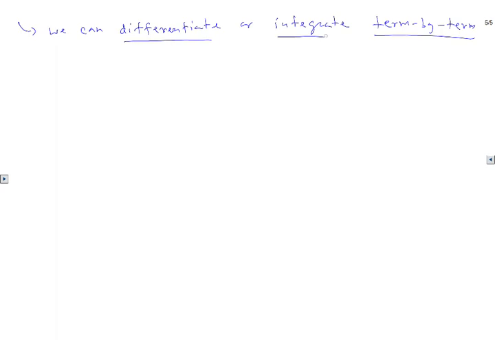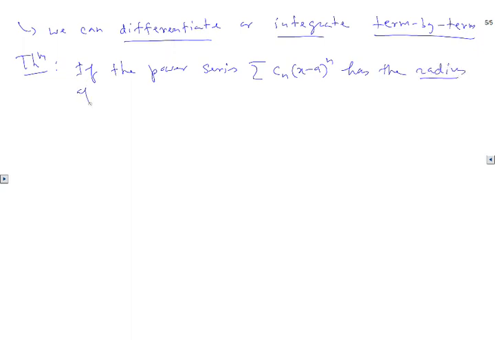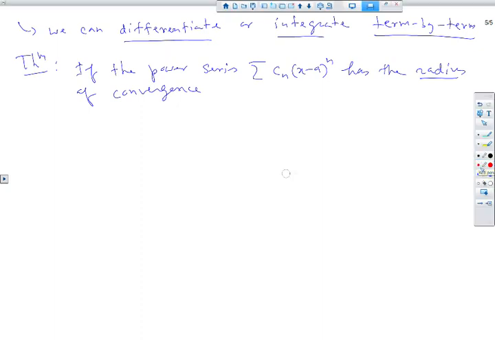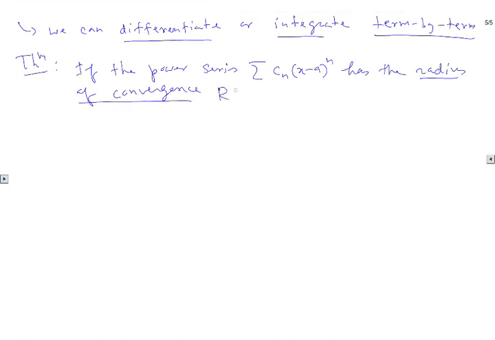Okay, so let's try the theorem. What the theorem says: if the power series sigma c n x minus a to the n, that's the general one, has the radius of convergence R, let's write uppercase R here, just to avoid confusion with the ratio, radius of convergence R, which we can say is positive.